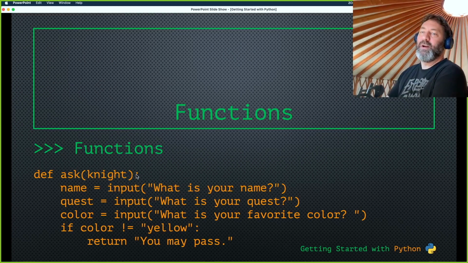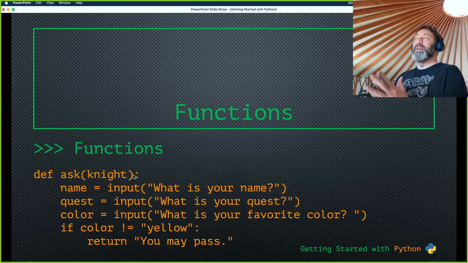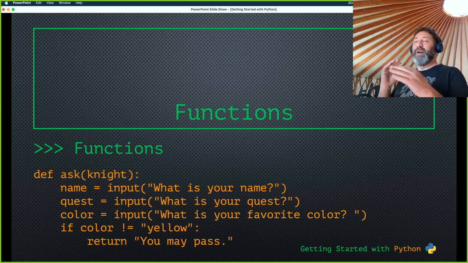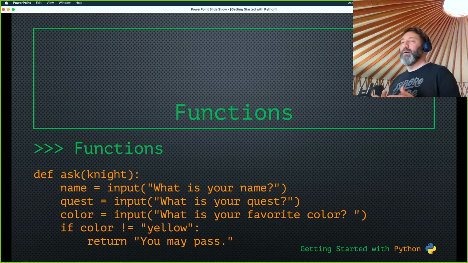And then it ends in a colon. We've seen a colon used in an if statement, in a for loop, and a function definition. Pretty much anytime you have a colon, it's creating a block in Python, and you need to indent that block and your indentation needs to be consistent.